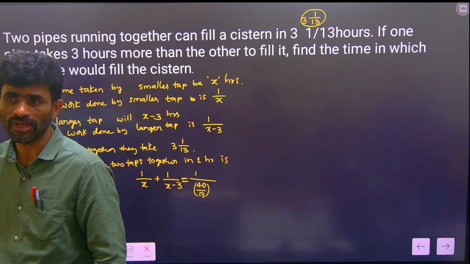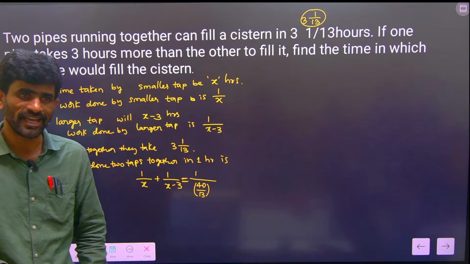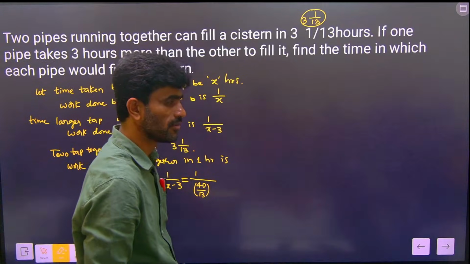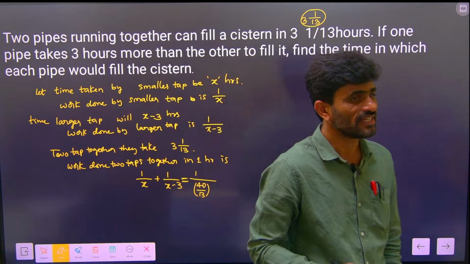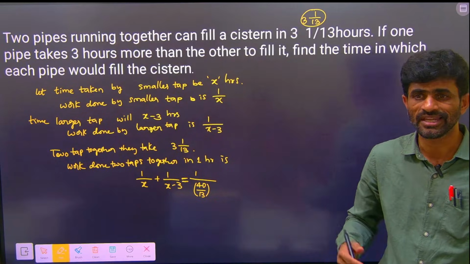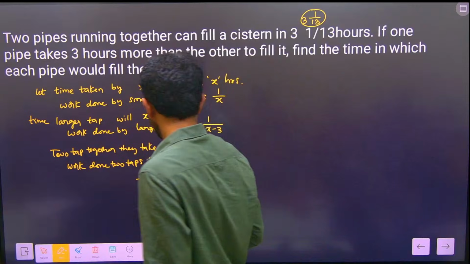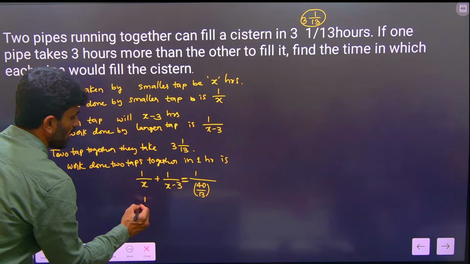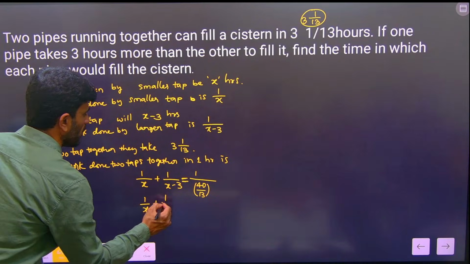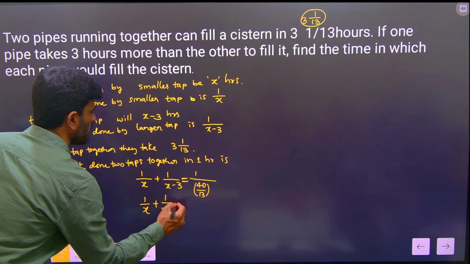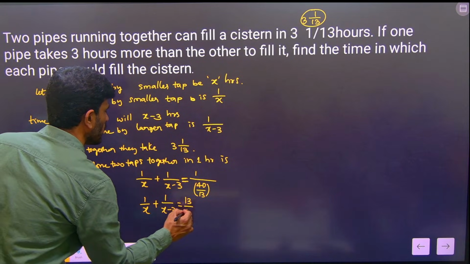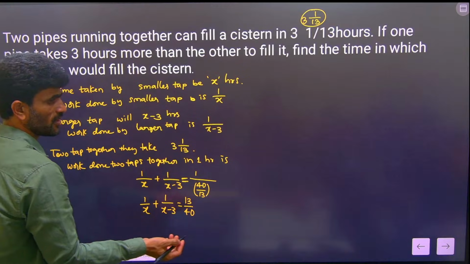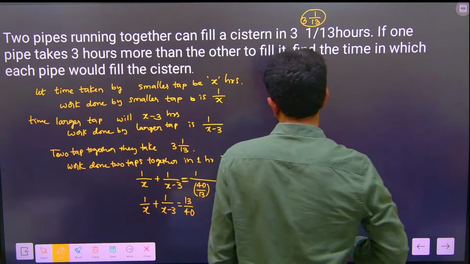So x time, 1 by x work. X minus 3 time, 1 by x minus 3 work. 3 1 by 13 time, 1 by 3 1 by 13 is work. So now if you simplify this, 1 by x plus 1 by x minus 3 is equal to 13 by 40. Now after this, you should do LCM.